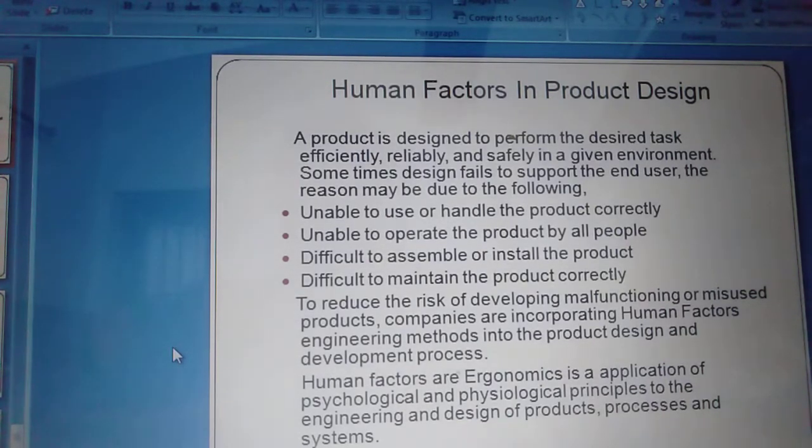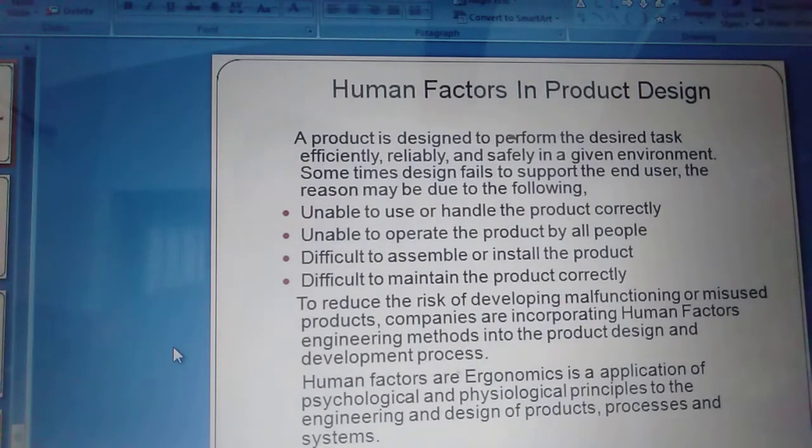Why it will fail: unable to use or handle the product correctly, unable to operate the product correctly, difficult to operate the product by people of all ages and conditions, that is normal or physically impaired, difficult to assemble or install the product, difficult to maintain the product correctly. So these are some of the reasons the product may fail if you are not considering the human factors here.